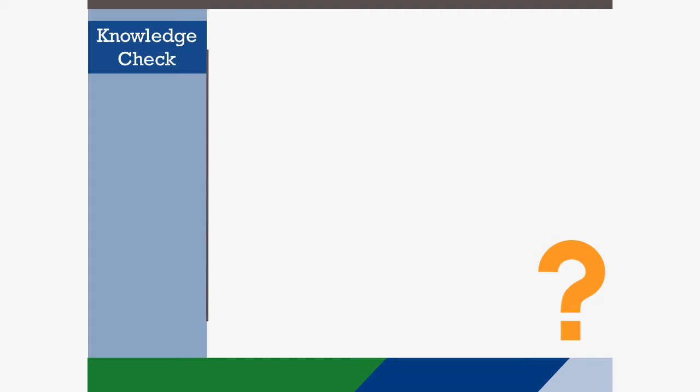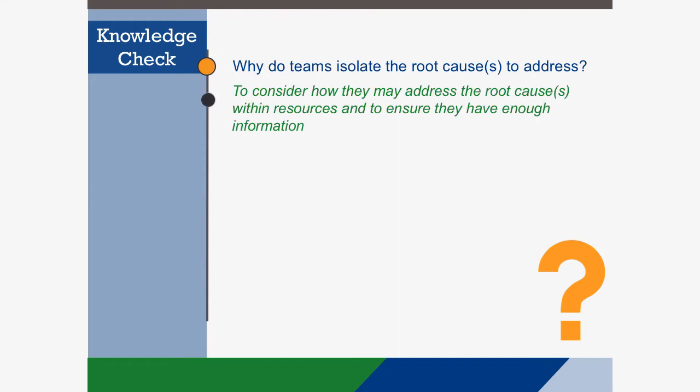Let's take a moment to check in on what we've learned about exploring and validating root causes. Why do teams isolate the root cause to address? To consider how they may address the root causes within resources and to ensure they have enough information. How do teams isolate the root cause or causes to address?